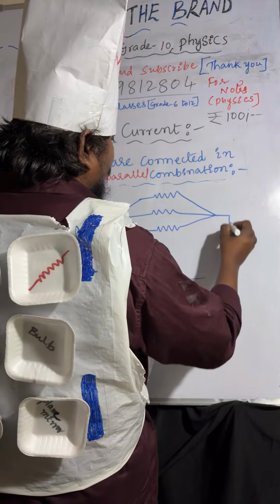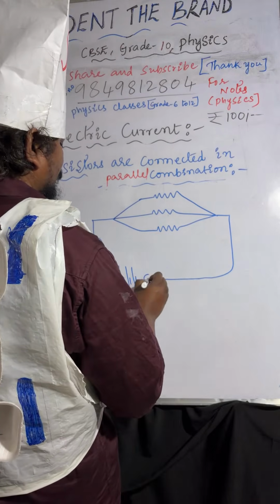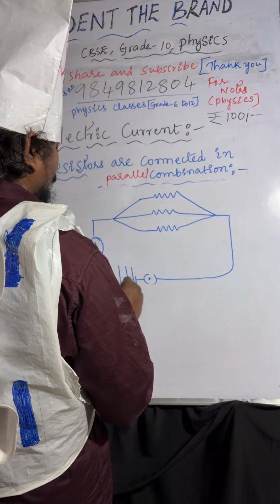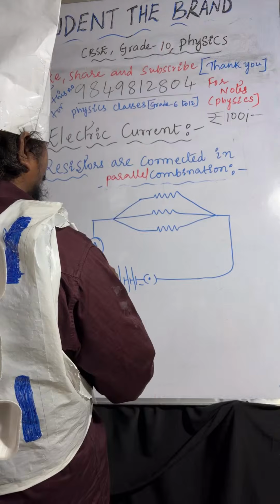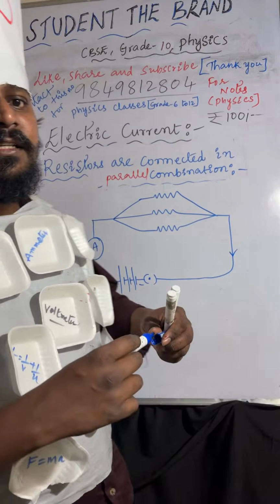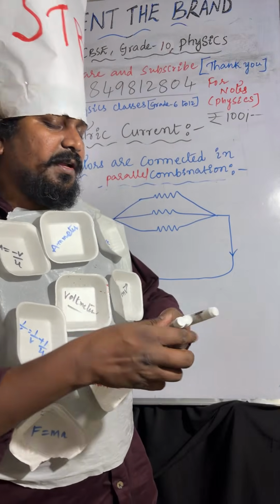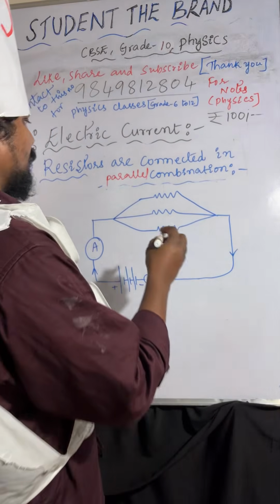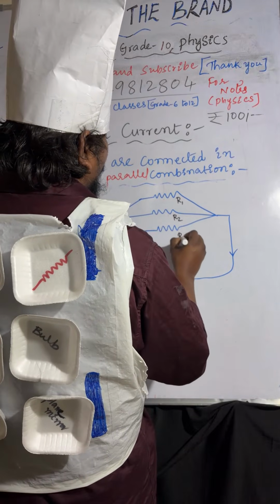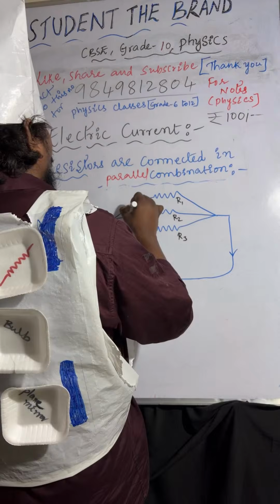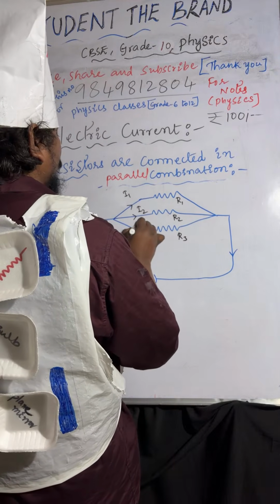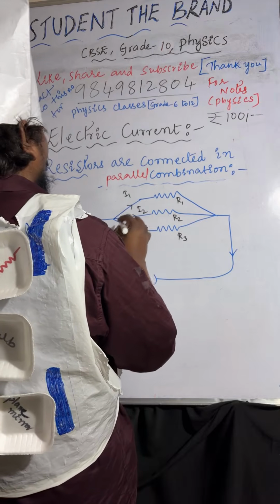You can check here, positive terminal, negative terminal. So R1, R2 and R3. Through R1, I1, through R2, I2, through R3, I3.